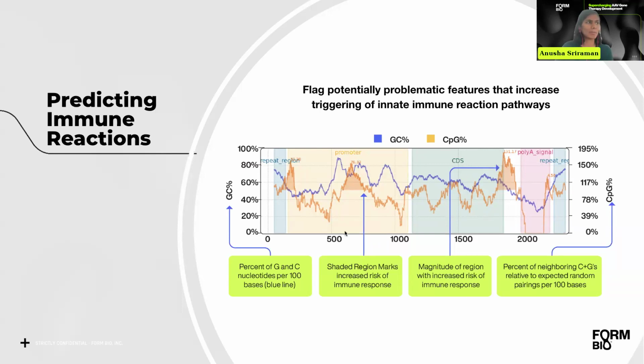So areas like the promoter where CpG island formations are required, we typically ignore them. But when we see them in other parts of the construct, specifically like the CDS, we flag them as problematic because we are worried in terms of immunotoxicity. So that's the information this kind of output helps provide.